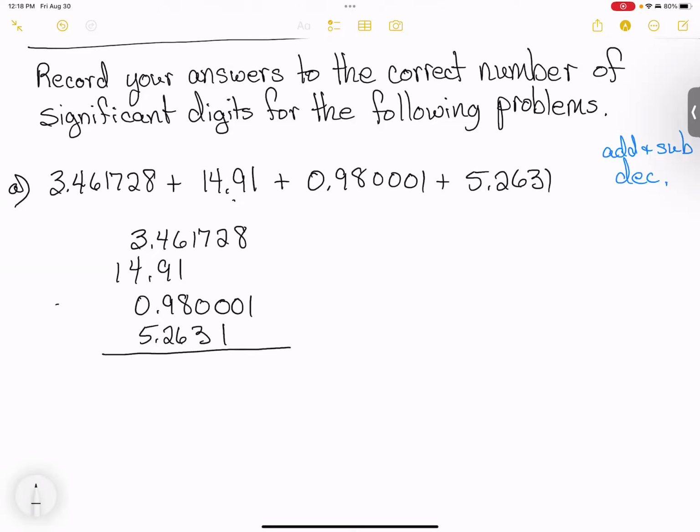And this is all addition. And since it's the decimal places that matter, we're going to draw a line after the one with the fewest decimals. Then we'll add this up.